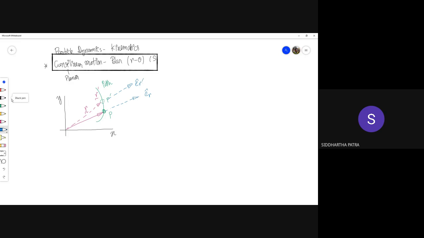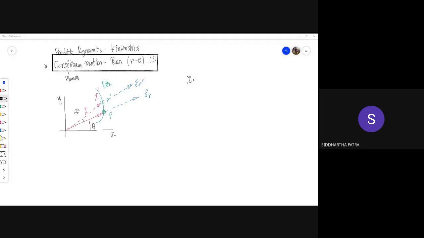Of course, in addition to that, you have your theta coordinate over here, and let's say P and P prime are at a distance of d theta, so the difference between the two is differential. That's all I'm trying to say here. This is how the position vector is given for the particle in the polar coordinate system.